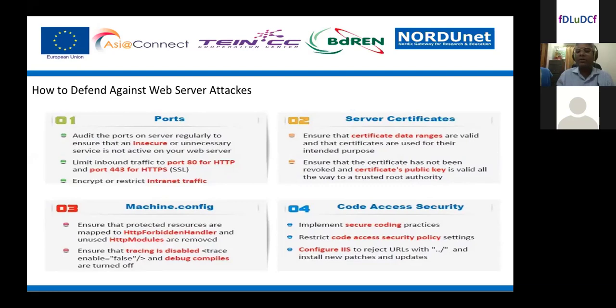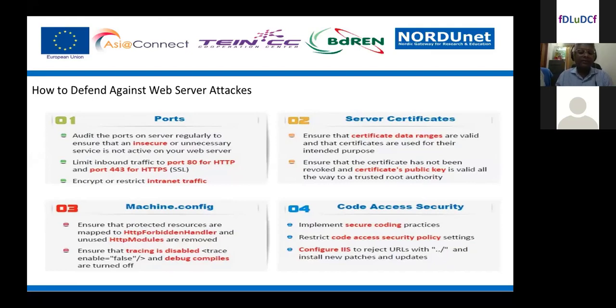You have to ensure the certificate date ranges are valid, as well as the purpose for which these certificates are used, and ensure that the certificate has not been revoked, and the certificate public key is valid all the way to a trusted root authority. Make sure that it cannot be revoked, and the public key you are using is valid until the trusted root authority.